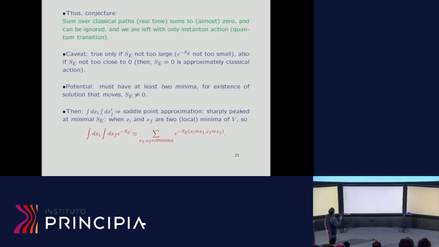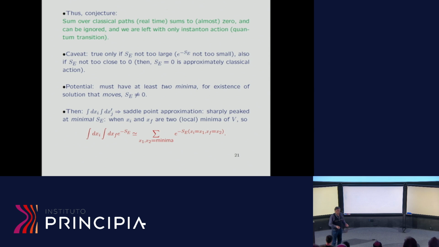Then the potential must have at least two minima in order to have a solution that moves, an instanton. If that happens, then by the integration over the initial and final points, the saddle point approximation means that this should be peaked at the place where I have the minimal action, right?